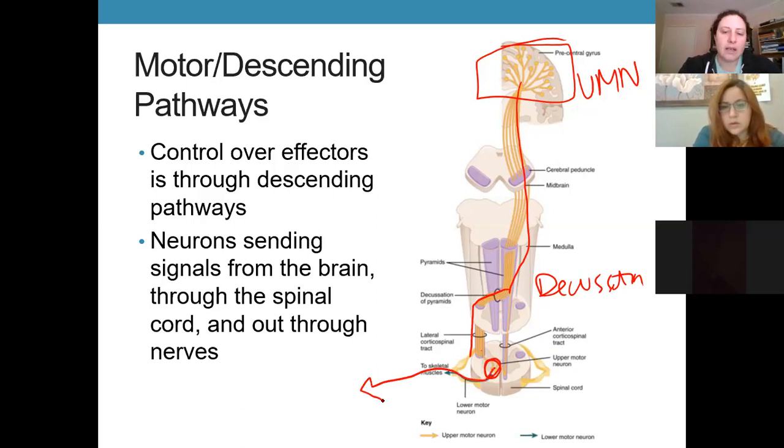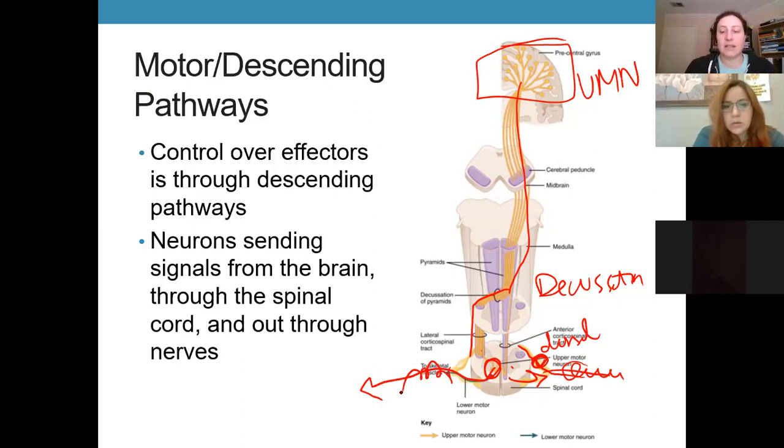And remember that all the sensory information entering the spinal cord is through the dorsal root, and then all the motor information exits via the ventral root, and then the nerve is here, right?